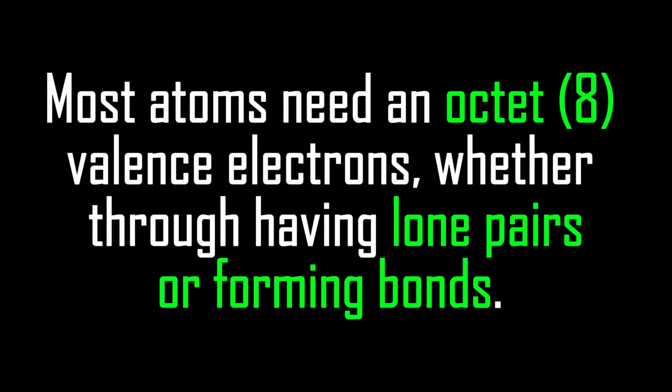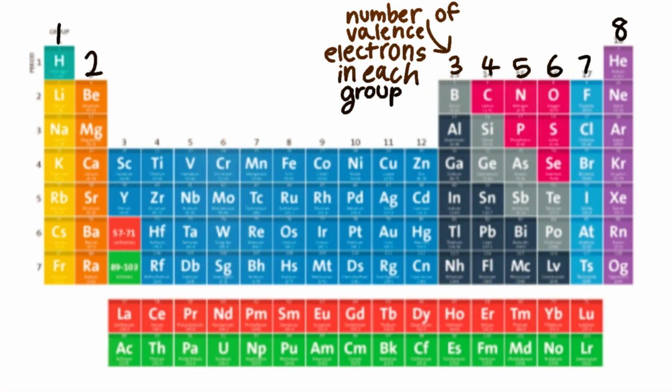This means that when drawing the Lewis dot structures, we'll need to make sure each atom gets 8 electrons by being bonded to other atoms or through having lone pairs of electrons on them. In addition, all of each atom's valence electrons need to be used when drawing the Lewis dot structures. So, we first count the total number of valence electrons in all the atoms before drawing a Lewis dot structure.